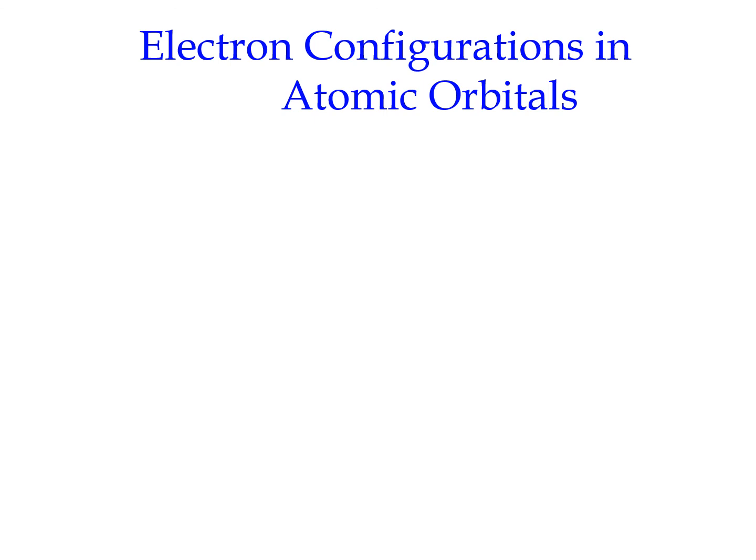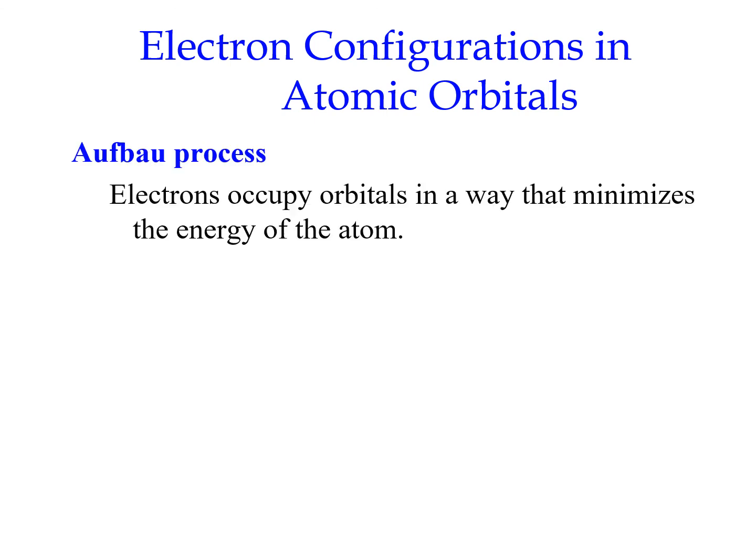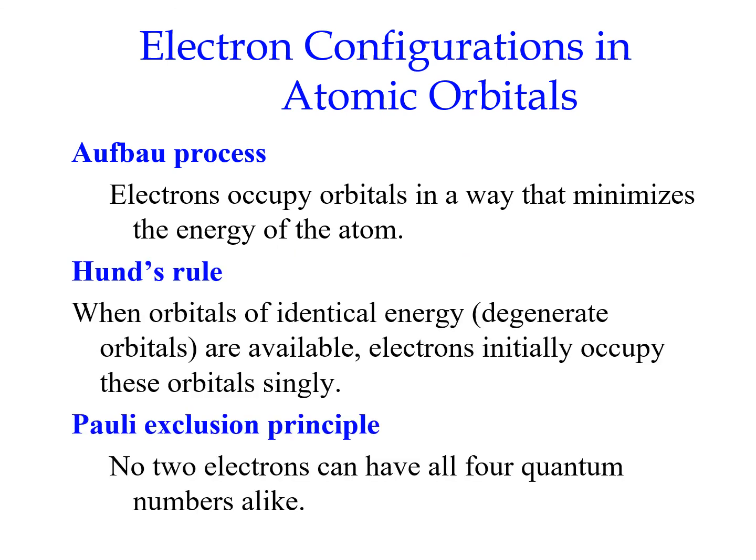Let's look at electron configurations in atomic orbitals. And to summarize, the Aufbau principle says that the electrons occupy orbitals in a way that minimizes the energy of the atom. Hund's rule says that when orbitals of identical energy, degenerate orbitals, are available, electrons initially occupy these orbitals singly, and with the spins parallel.